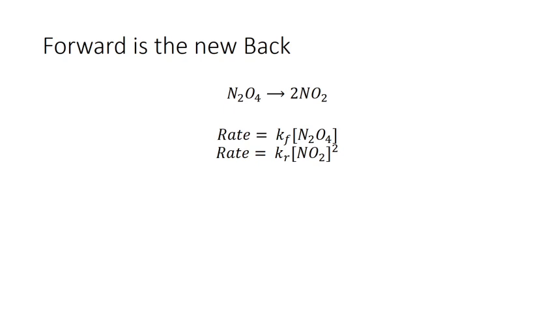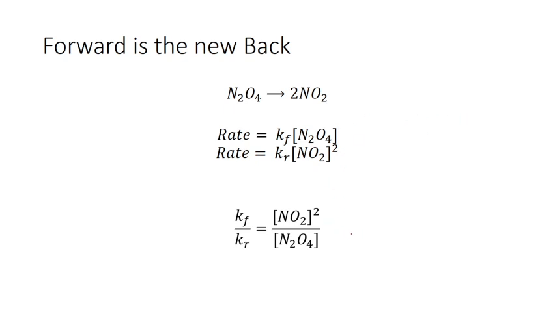Now, if we put these both together, we say that K sub F over K sub R, the rate constants there, sorry, my brain is in equilibrium mode, is equal to the concentration of NO2 squared over the concentration of N2O4.